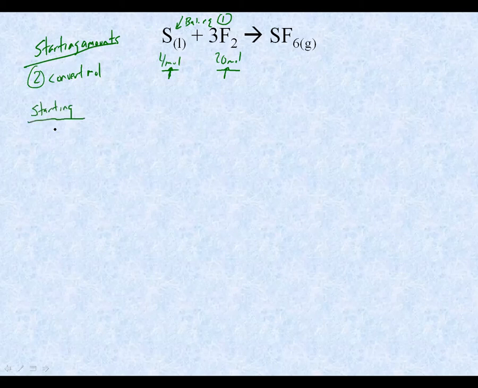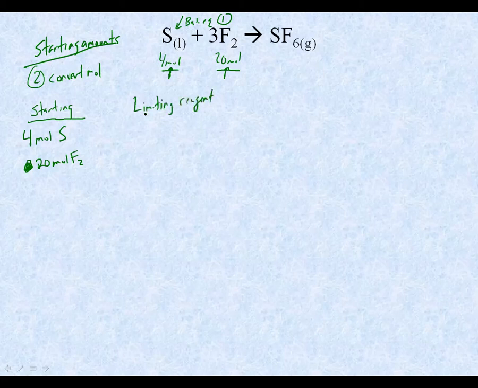We started with 4 moles of sulfur, and 20 moles of F2. Now, once we've balanced the equation and converted to moles, this is where we need to figure out which one is the limiting reagent.